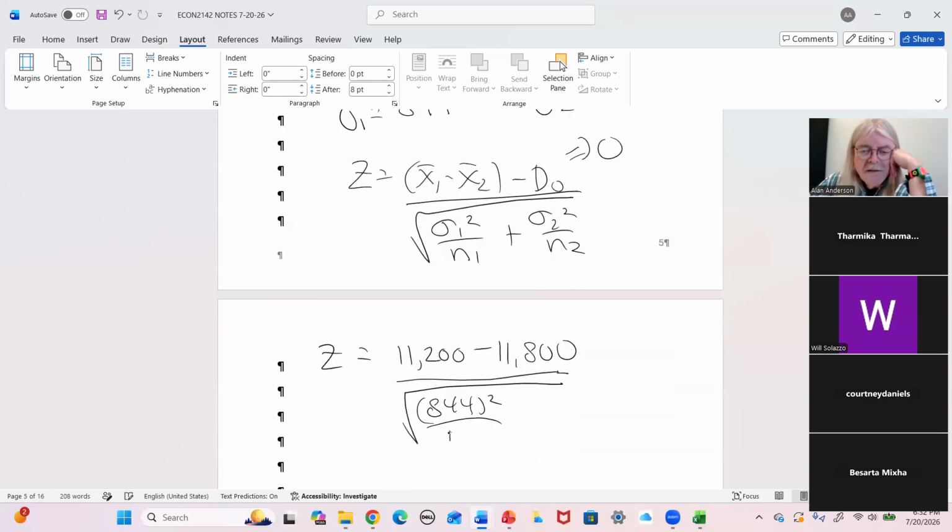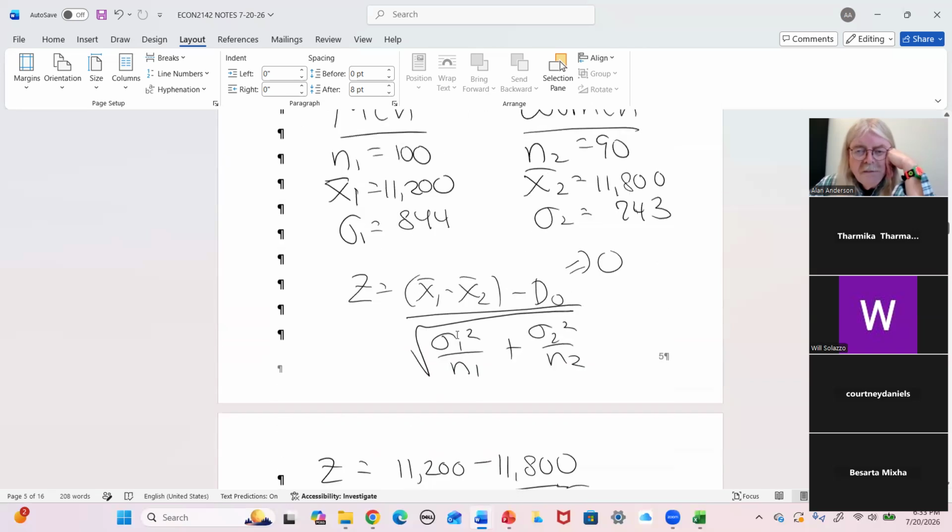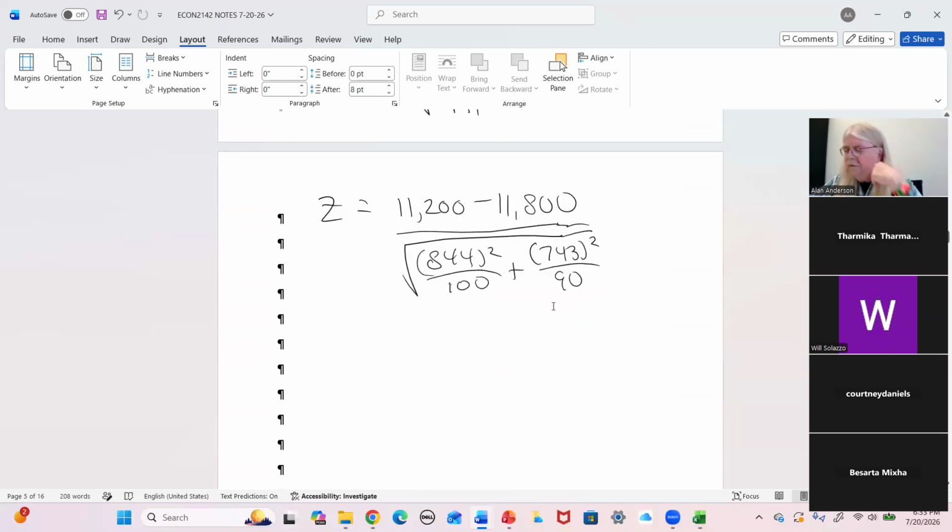Beautiful. So if you pop that into your calculator, and again, I'm going to do this in two stages. It just reduces the risk of a mistake by about 1,000%.